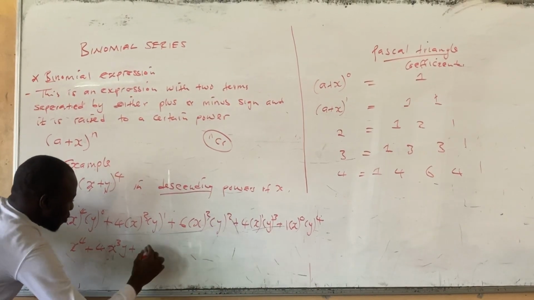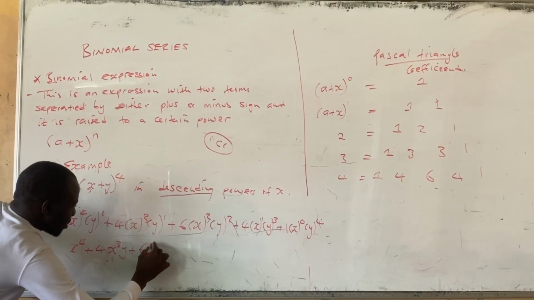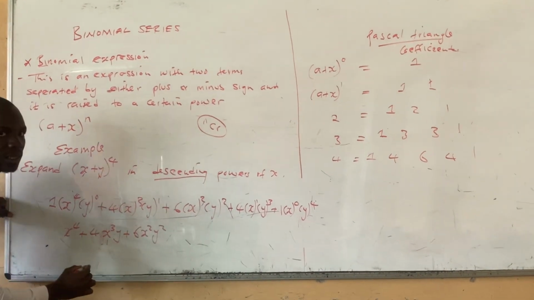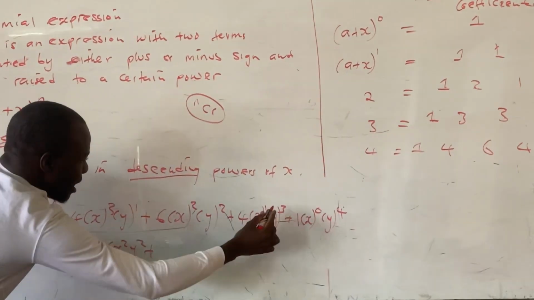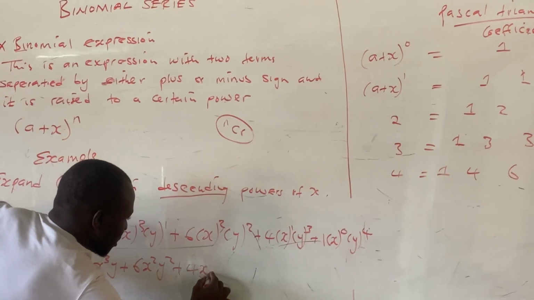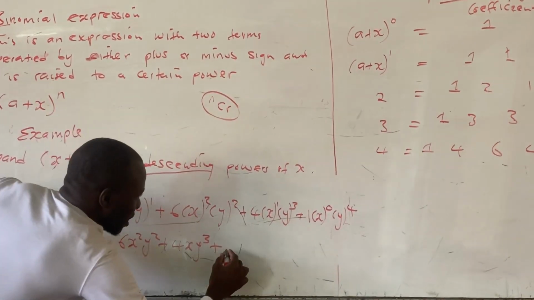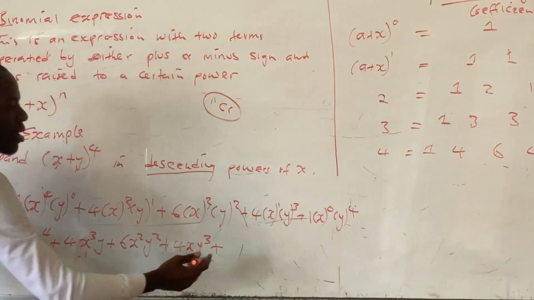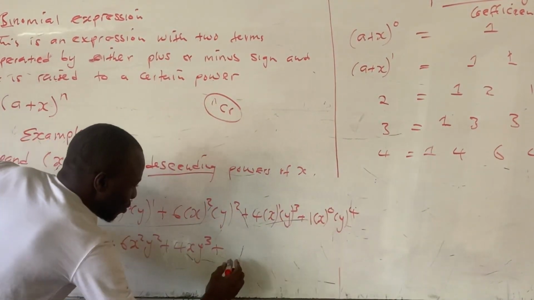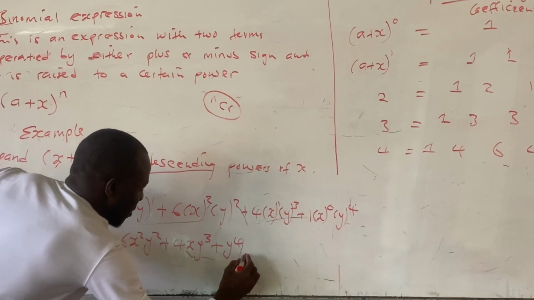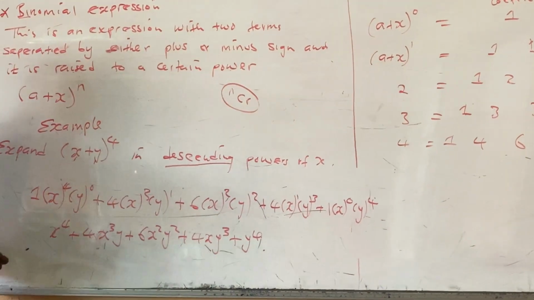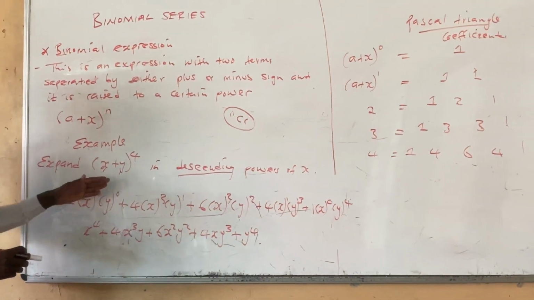Plus, there you get 6x squared y squared. Plus, here you get 4xy to the power 3, plus, of course, x to the power 0 is 1, 1 times 1 times y to the power 4 is just y to the power 4. So this is the general expansion of this expression.